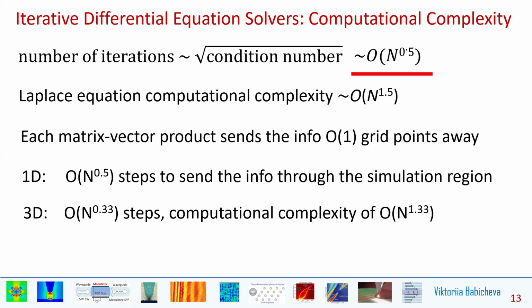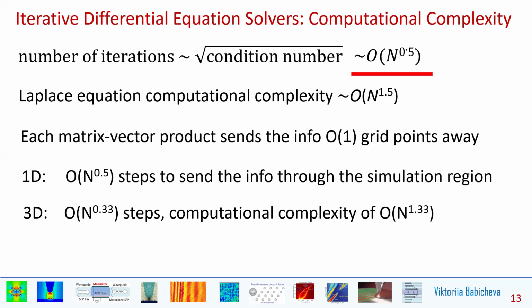The above matrix system for 2 dimensions can be preconditioned to give a condition number proportional to n^0.5, and it yields a final computational complexity of n^1.25. In 3 dimensions, with preconditioning, this is reduced to n^1.17.